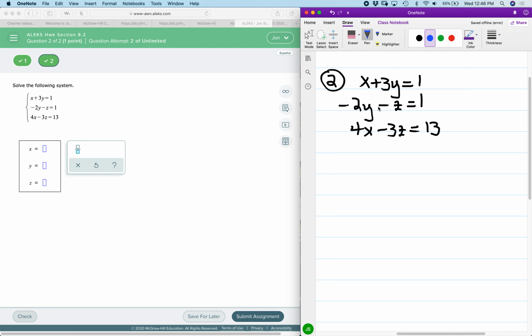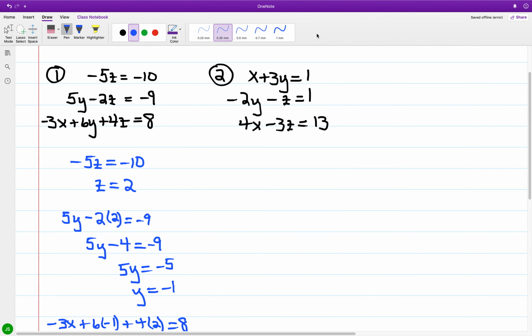What I can do here is express this in terms of x equals. It will not necessarily create a quicker pathway, but we'll say we have x is equal to 1 minus 3y.